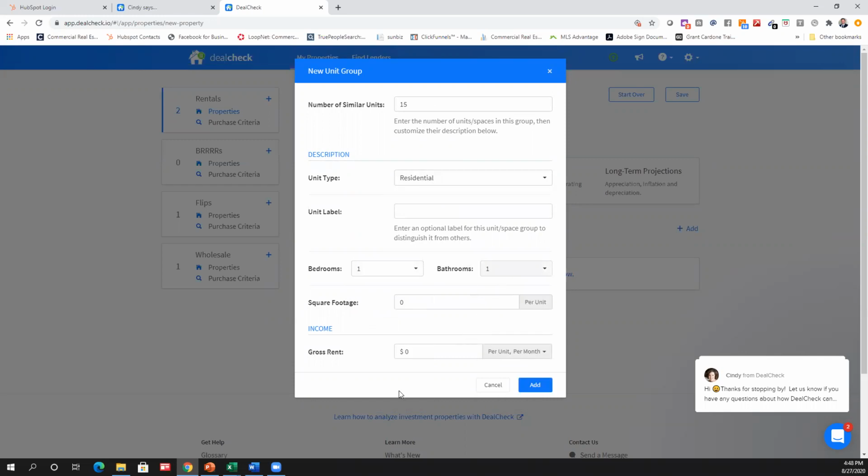You can even put the rent roll in there individually. You could put the rent roll in each one, but again, for time's sake, we're just going to do the gross collected rent. So income per unit per month, let's say per month.